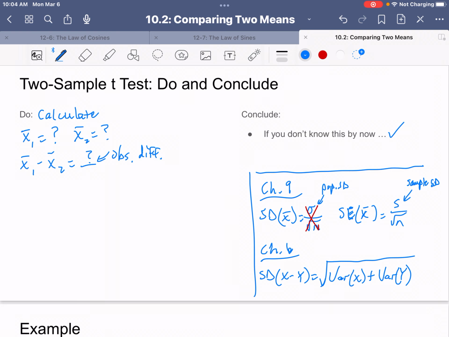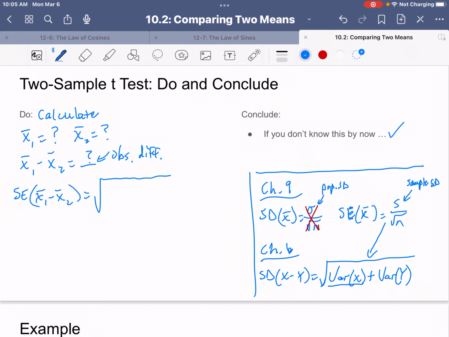Well, we can't find the standard deviation of x bar minus x bar, but what we can do is substitute the standard error of x bar into the chapter 6 formula, and we can calculate the standard error of x1 bar minus x2 bar to be equal to the square root of the variance of x1 bar.